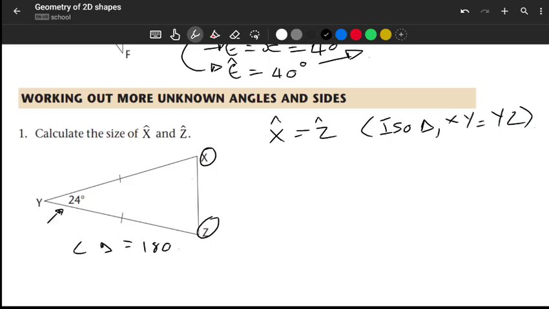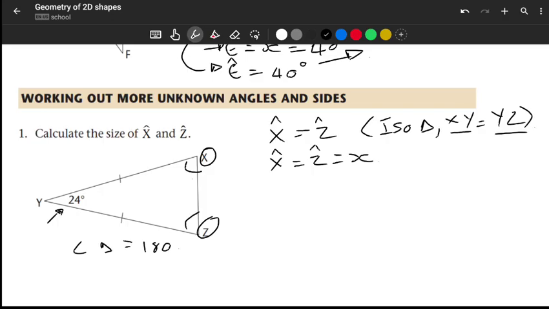Why do you say they're equal? Because angles opposite equal sides are equal. Which 2 sides are equal? xy and yz. That's what you say. Now to make it simple, you can say x is equal to angle z, and then we're gonna just say that x there is equal to x, right?